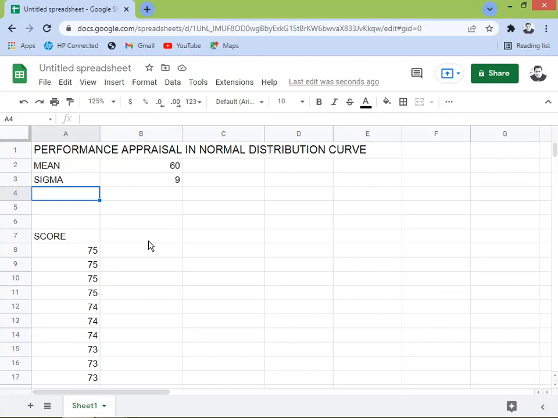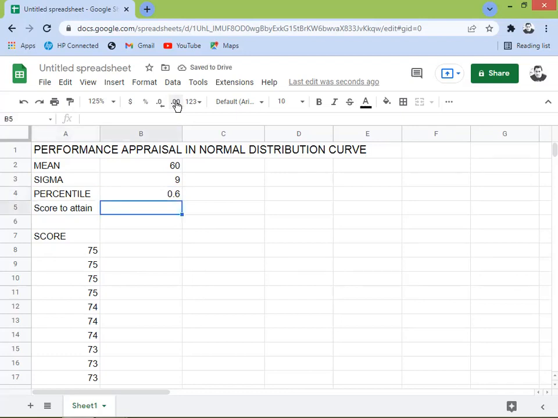Okay, next thing we do, I'm gonna get the percentile also, and the score to attain, something like that. Here, maybe I'm gonna start with 60%, okay, 0.6.